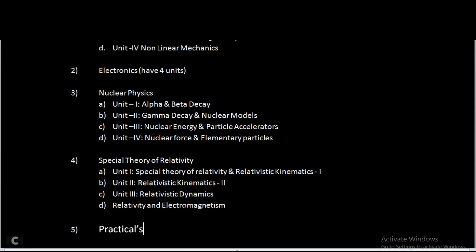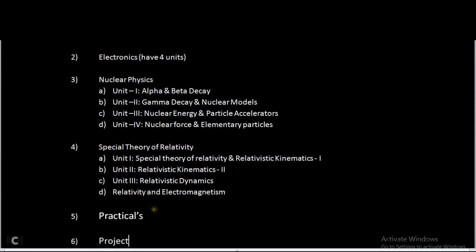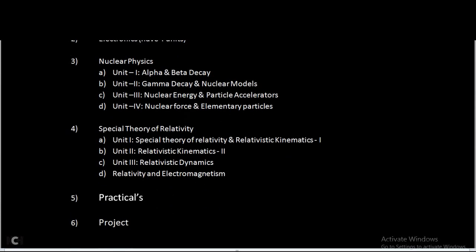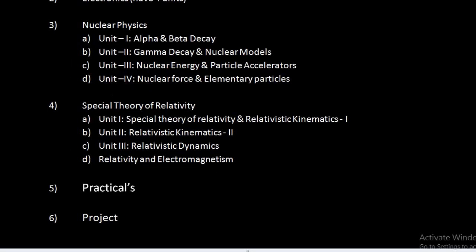Okay, then again the session will conclude with the practicals. You will come across the above topics you have studied. Then last you have some project work, which you have to complete and submit to your teacher. Okay, so this was the total syllabus for your BSc degree of Mumbai University colleges.